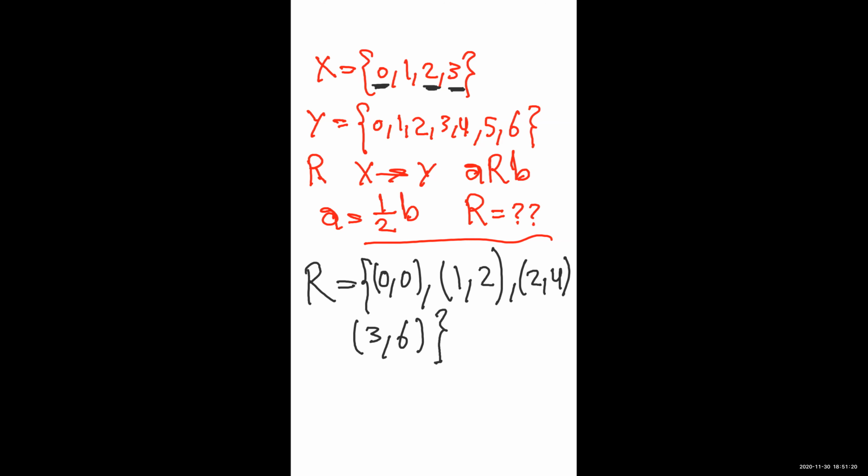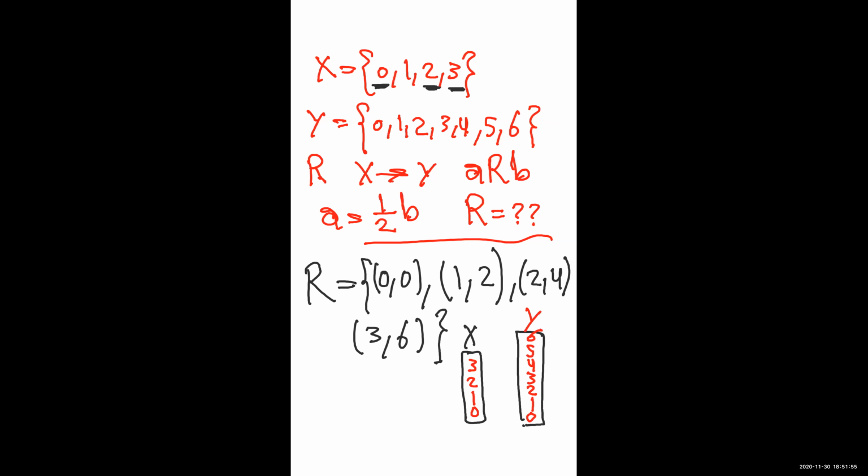Now we finished. So if we want to represent this using an arrow diagram, the arrow diagram will be like this. This one will be X and this one will be Y. What are the elements inside X? It's 0, 1, 2, and 3. What are the elements of Y? It's 0, 1, 2, 3, 4, 5, and 6.